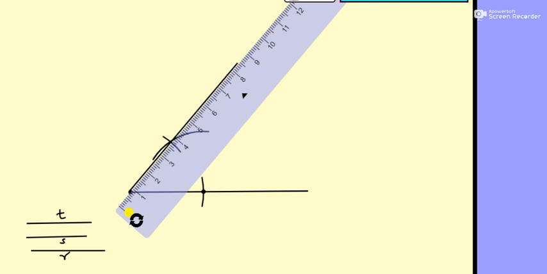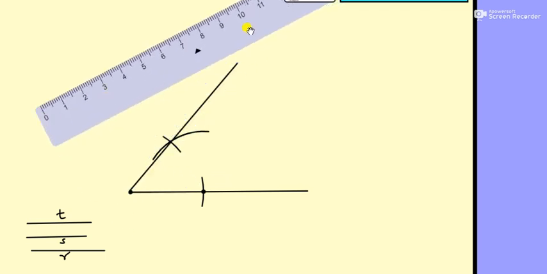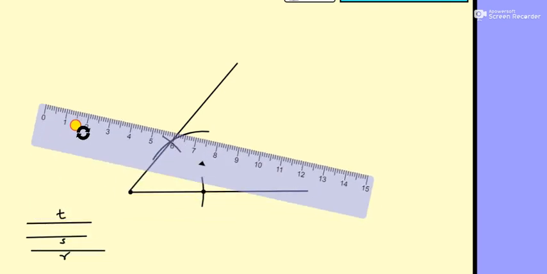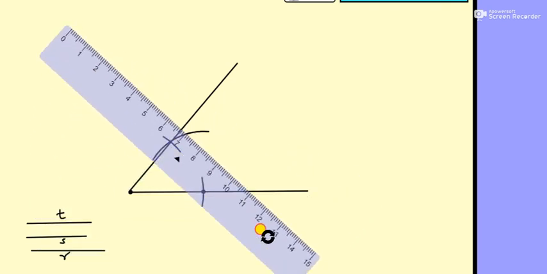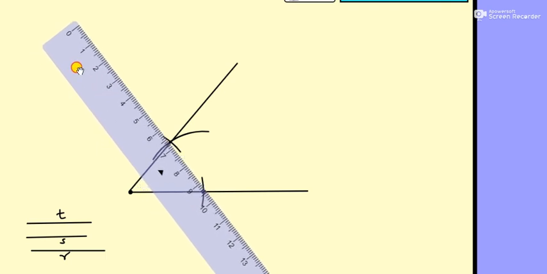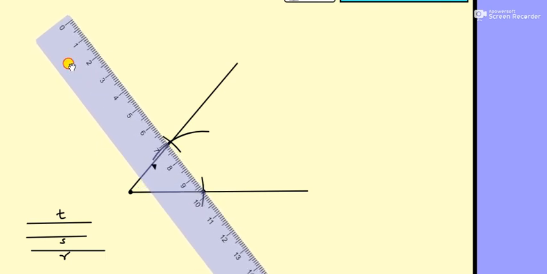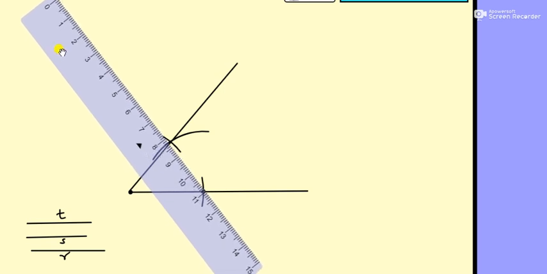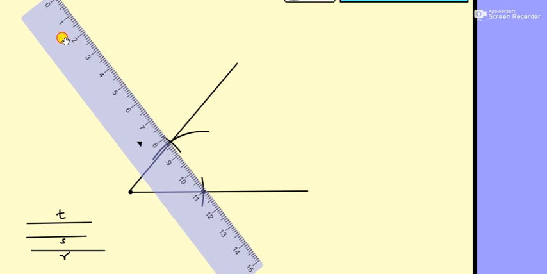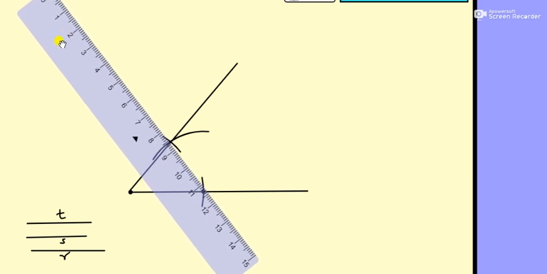Now once again take the second line with the help of this scale. It takes some time.